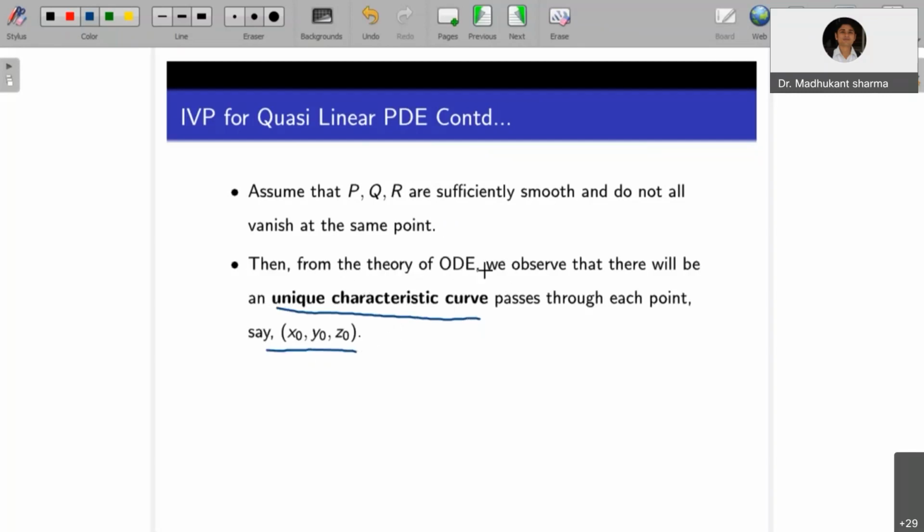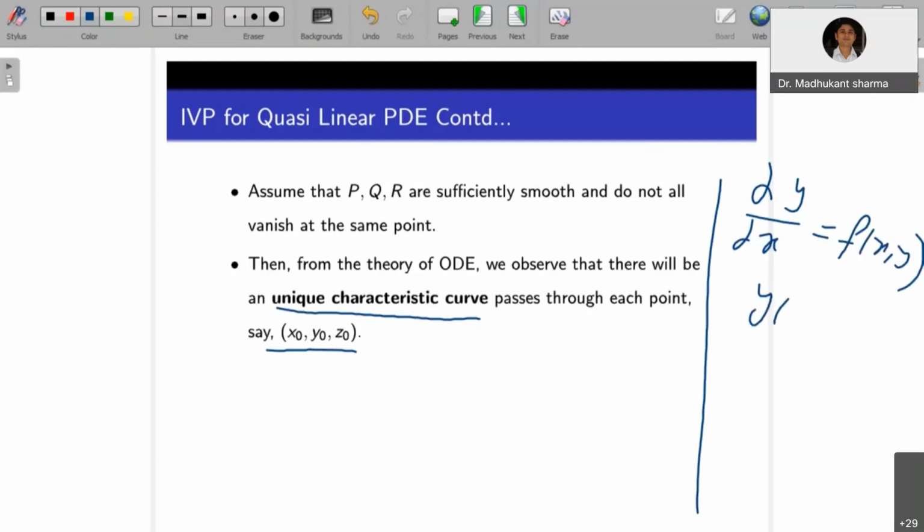ODE theory will support you whenever you initialize at a point. If you recall the initial value problem from ODE, dy by dx equals f of x comma y with y at x0 equals y0, this initial condition is required to establish the uniqueness. This is why here you have to initialize the point.